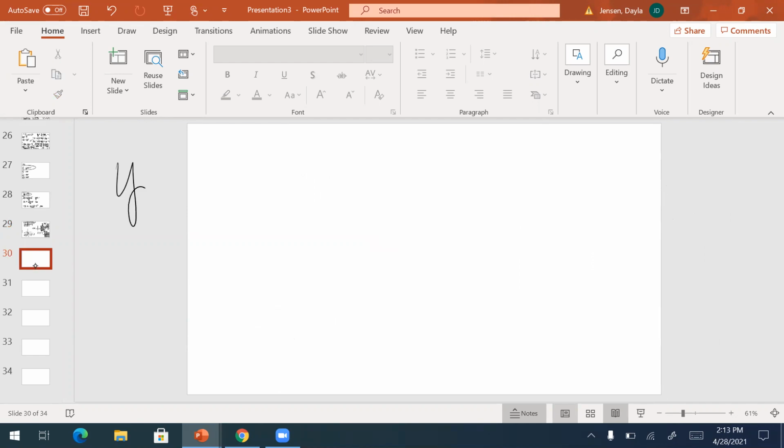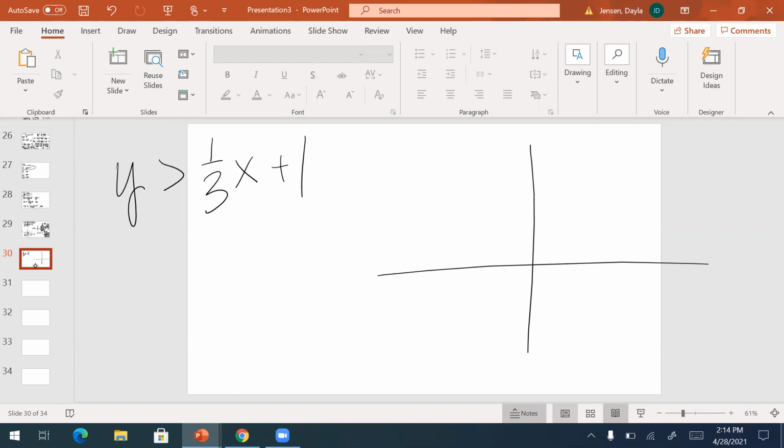What about this inequality? Y is greater than 1/3 x plus 1. So the first thing I have to do is graph the line. If this was an equal sign, this is the slope, this is the y-intercept. So this line crosses the y-axis at 1. It has a positive slope, so up 1 over 3, up 1 over 3.